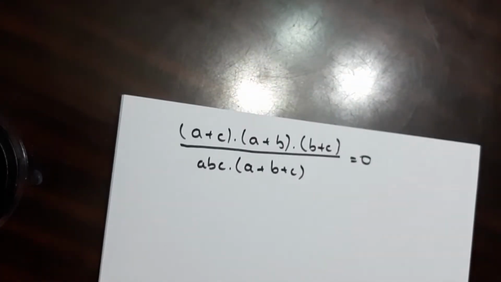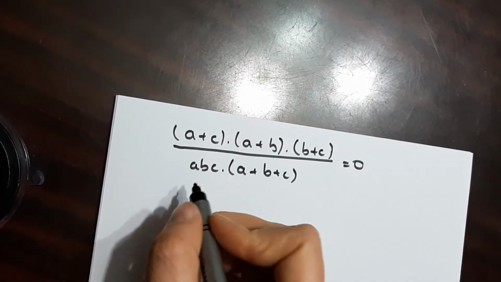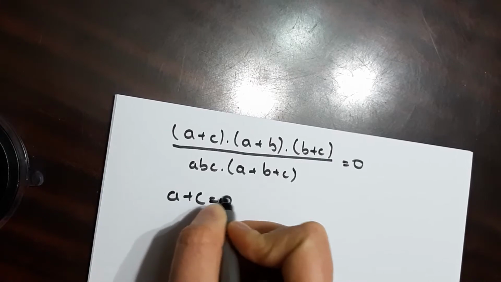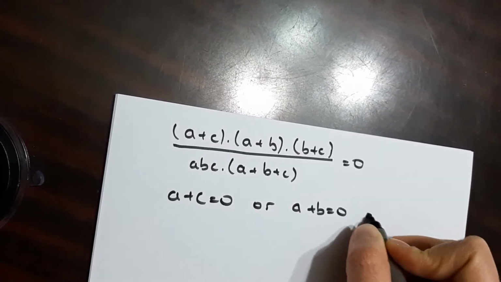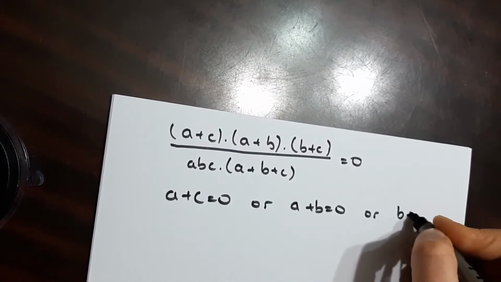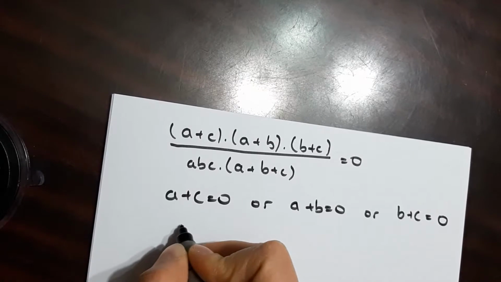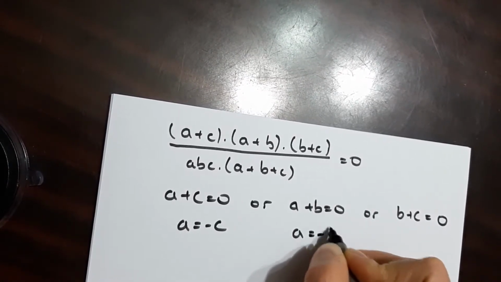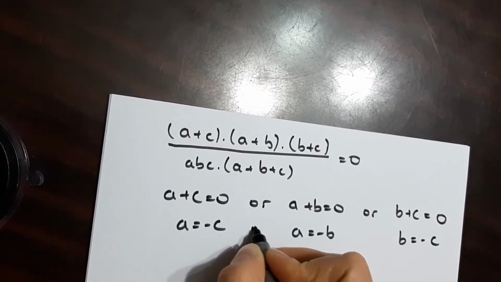Now from here we know that the denominator cannot be 0, so the numerator is 0. So from here I will get that a plus c is 0, or a plus b is 0, or b plus c is 0. So from here I will get a is equal to minus c, a is equal to minus b, or b is equal to minus c.